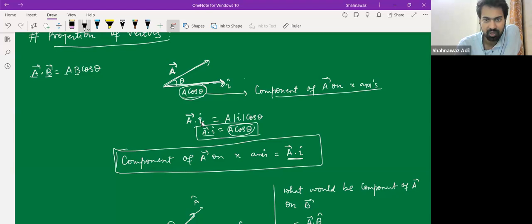Magnitude of A is A, magnitude of I is 1, so this would give me A cos theta. Understood? Yes, sir, now I understood. So A dot I was A cos theta, and A cos theta was the component of A on the x-axis. Right?